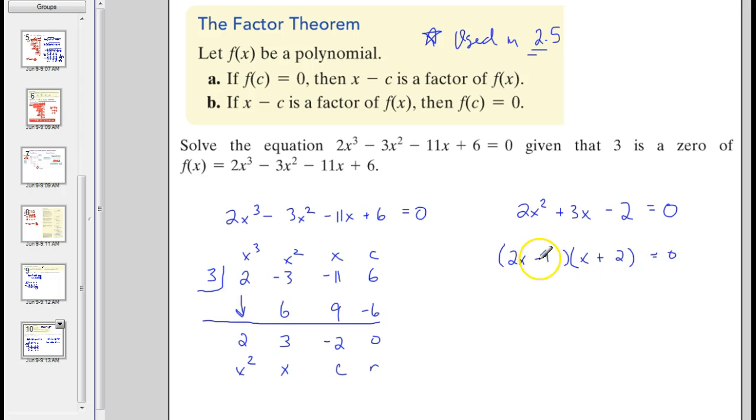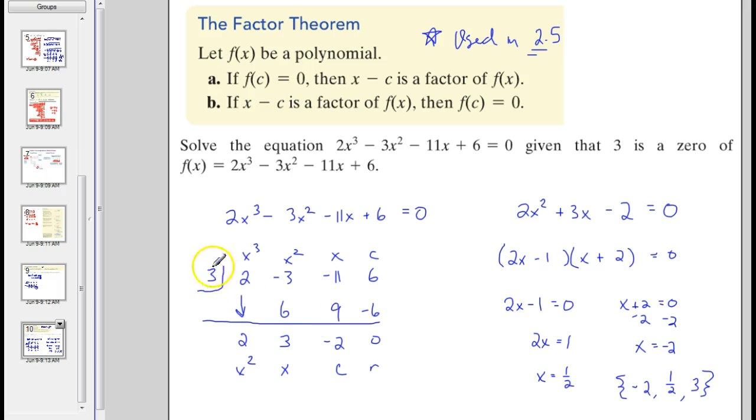So the one solution's 3, we know that. The other solutions come from setting these two pieces equal to 0. So add that 1 over, I get 2x equals 1, so x equals a half. Subtract that 2 over, I get x equals negative 2. So the solution set here is negative 2, 1 half, and 3.